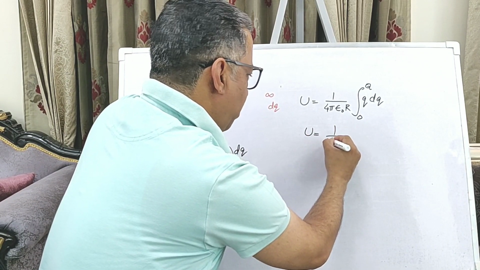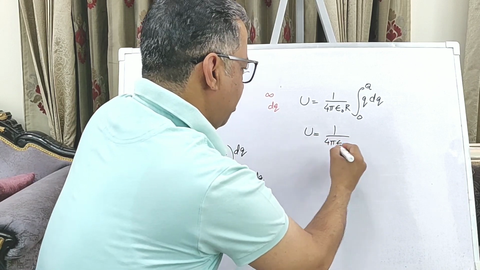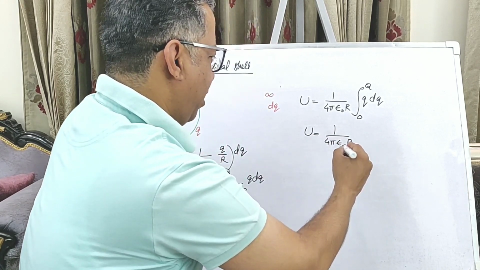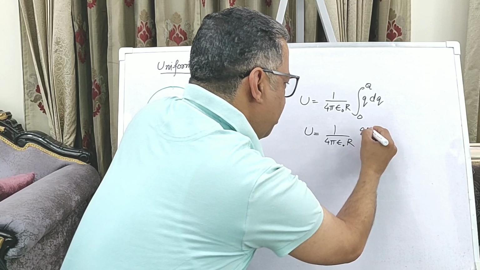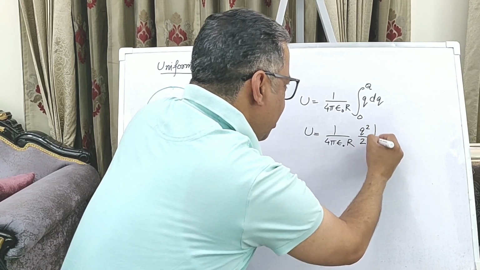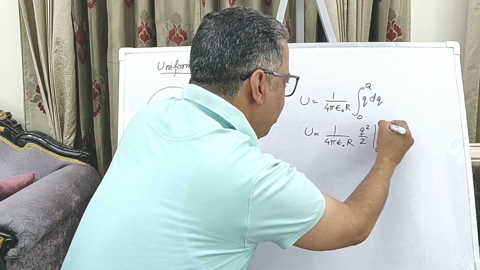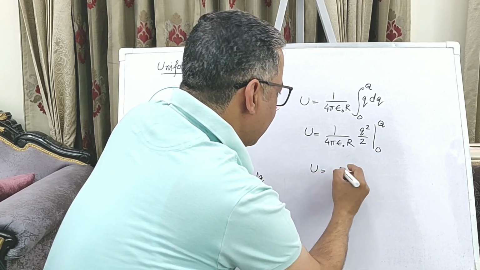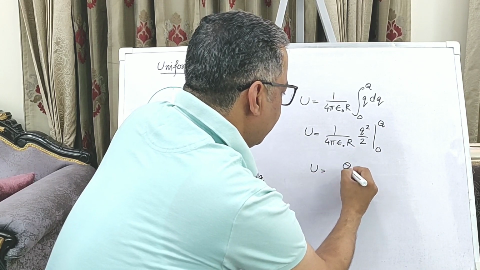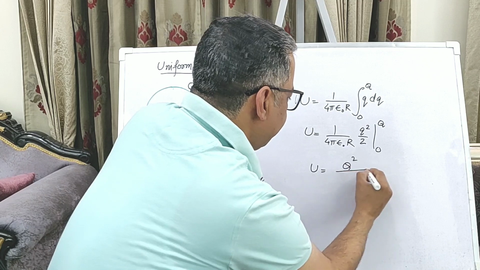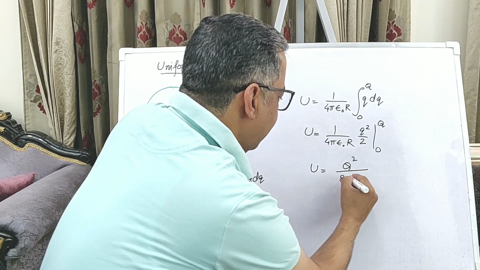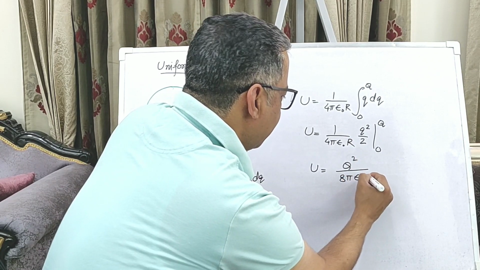You'll probably be able to do this in your sleep with your hands tied behind your back. Q square by 2, 0 to Q, and so U equals Q square by 8 pi epsilon naught r.